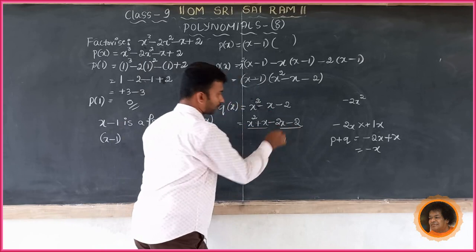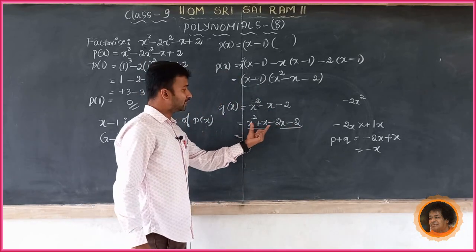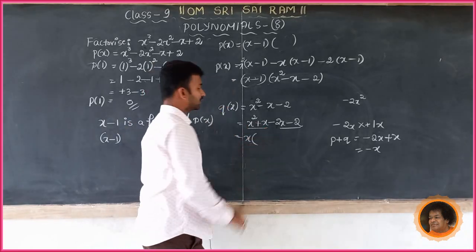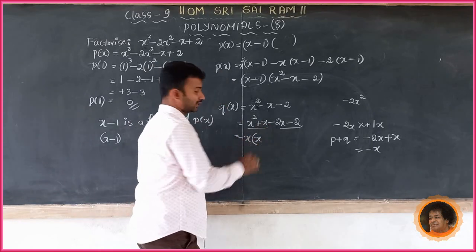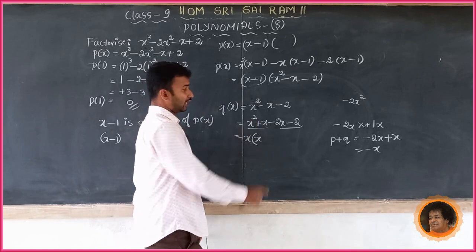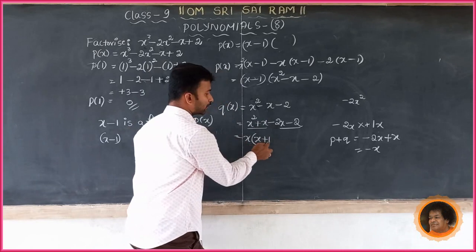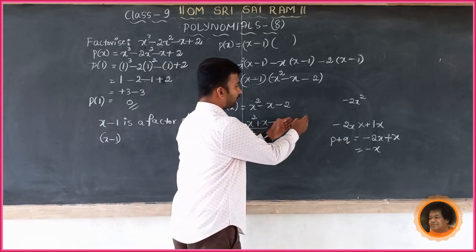Next, grouping the terms: x square plus x. In these two terms, x is common. x square by x is equal to x, or x into x is equal to x square. x by x is equal to 1, or x into 1 is equal to x. Then consider the third and fourth terms.